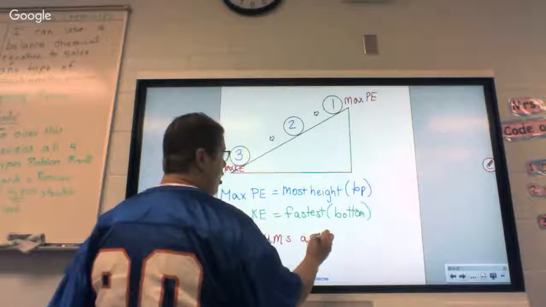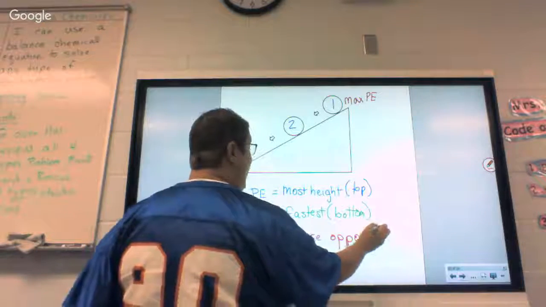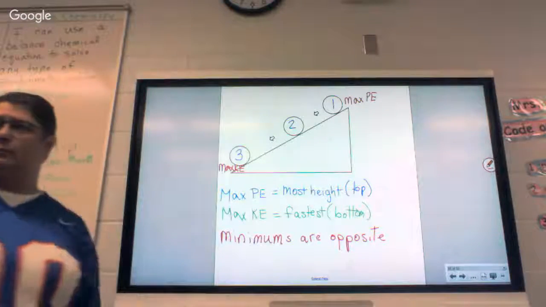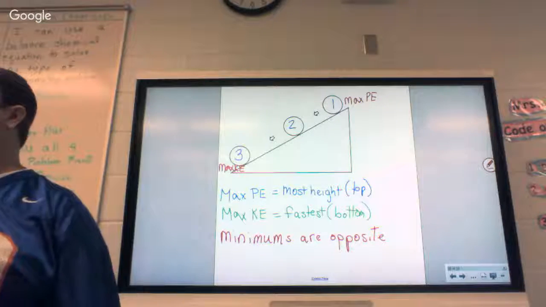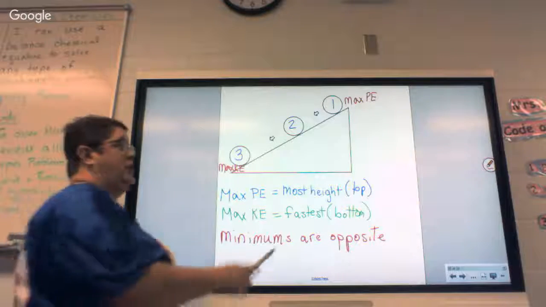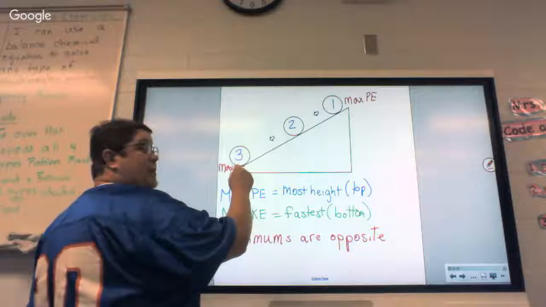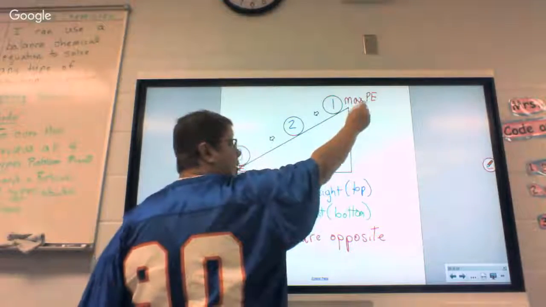The minimums are the opposite. So if they ask you for a minimum, it's the exact opposite. So if they say, what's the minimum kinetic energy? The minimum kinetic energy is going to be the opposite. So maximum is here. Minimum has to be up here.